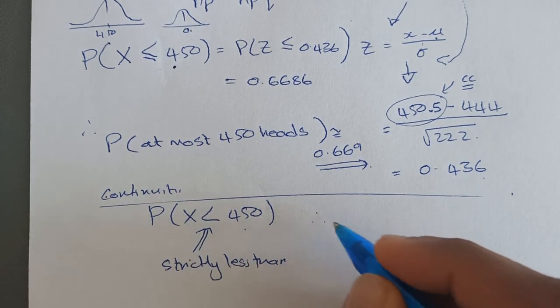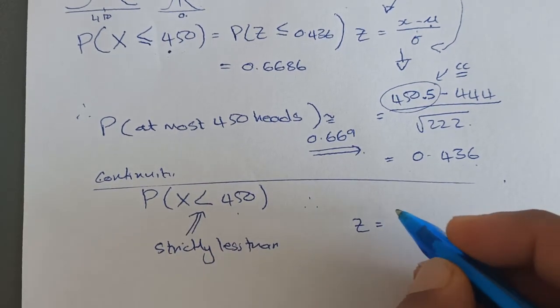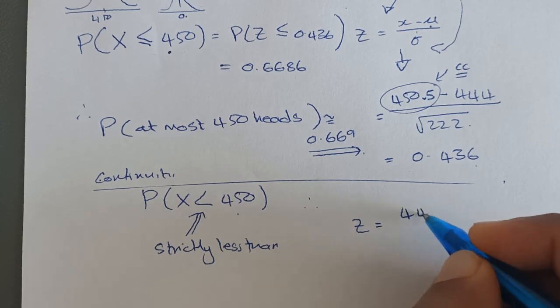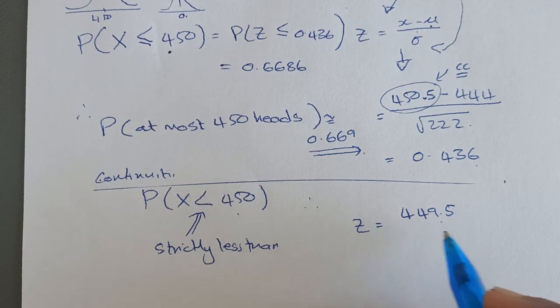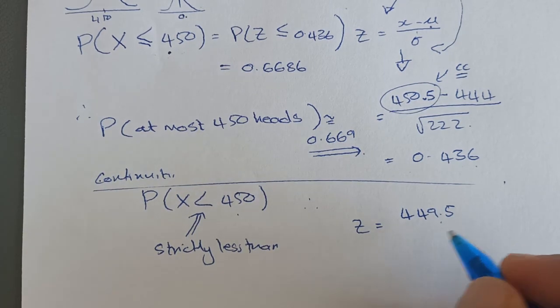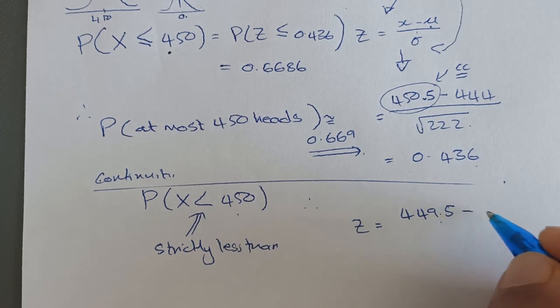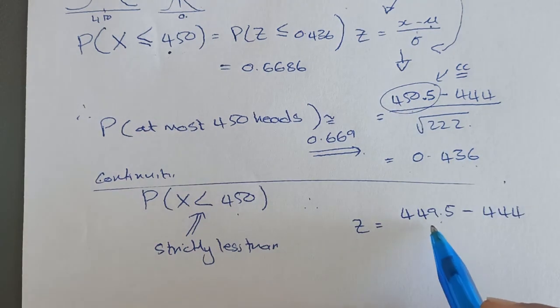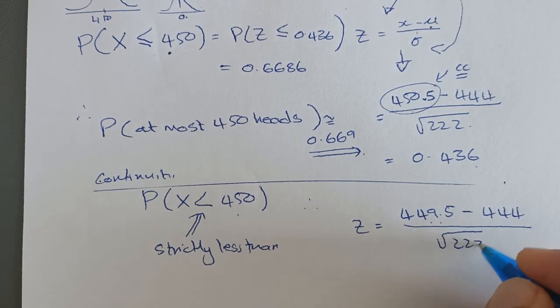So therefore, your z value will be calculated with 449.5, because we're minusing off a decimal in the discrete space, accounting for the discrete space in the continuous space, or vice versa. You can look at it like that, and you can see this is 450.5, this is 449.5 now, over the square root of 222.